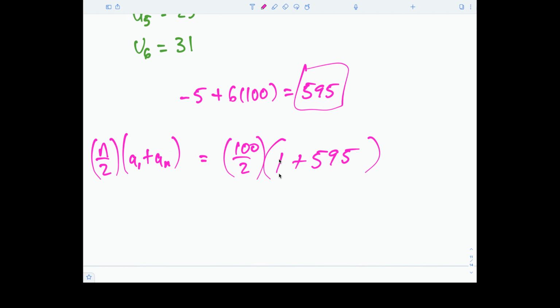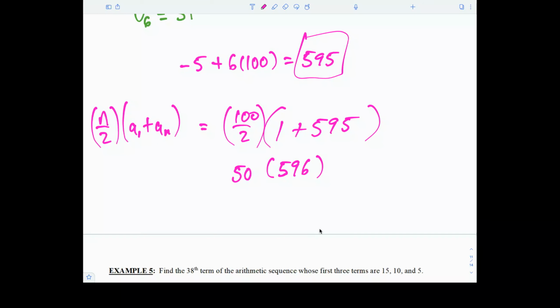If you want to plug in, you can, but I like to think like a human, not like a robot or computer. And so we're doing 50 times 596, and we tack on the 0. There we go, and there's my answer.